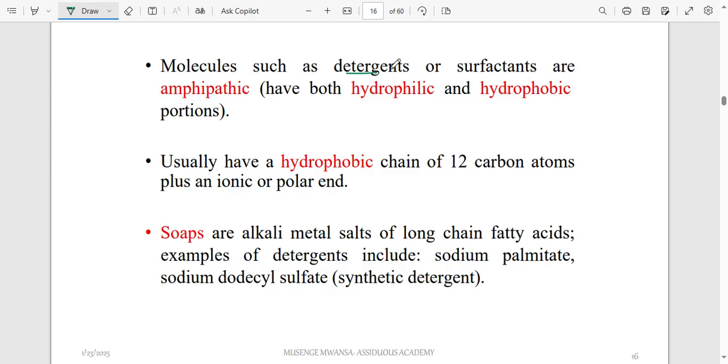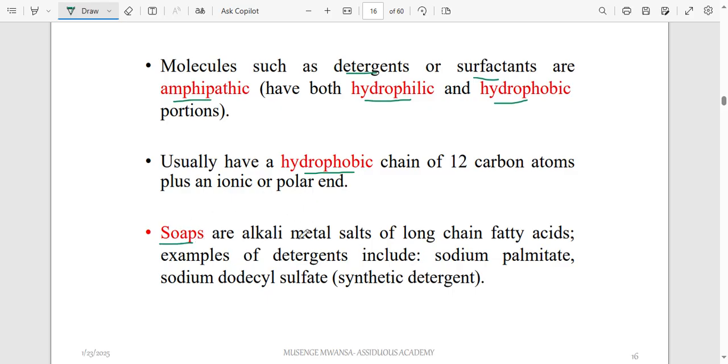So detergents or surfactants are going to be amphipathic. They have both hydrophilic ends and hydrophobic ends: the ends that love water and the ends that hate water. Usually they have a hydrophobic chain of 12 carbon atoms plus an ionic or polar end. So we're going to have 12 carbons, a lot of them, and only the head is going to be polar, meaning the tail is non-polar.